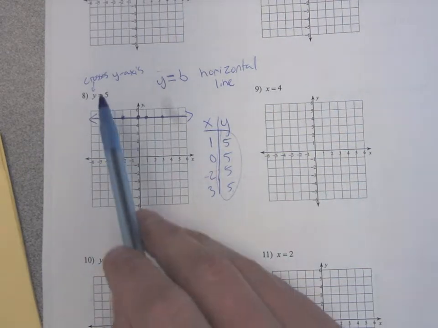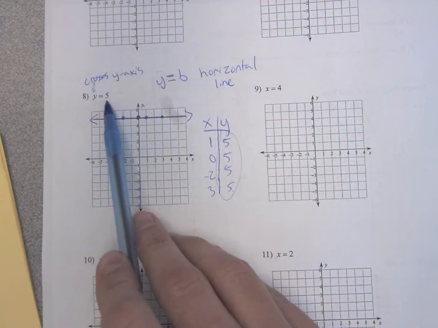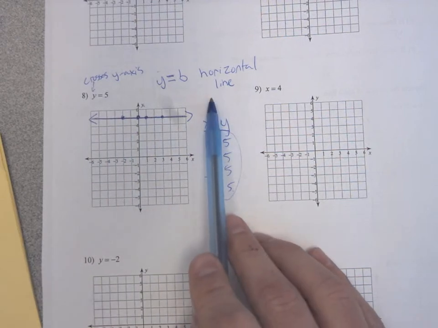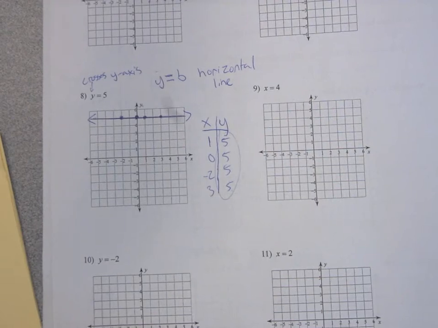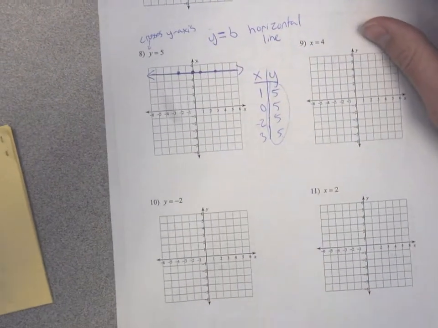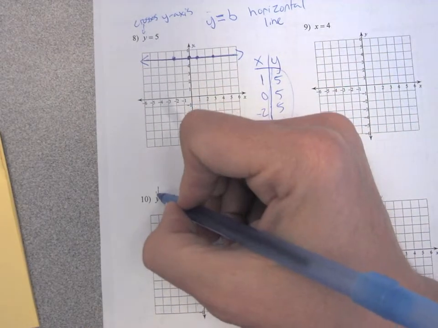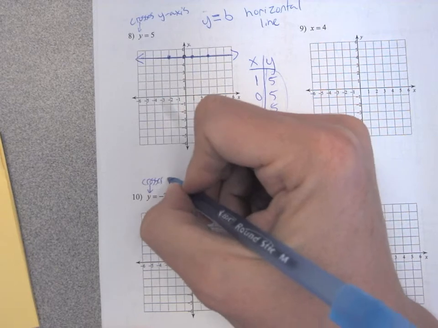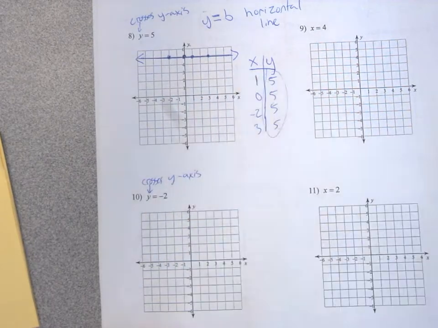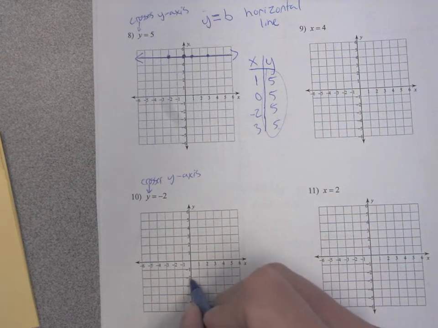Okay? So any y equals number equation, if there's not an x, it's just y equals number, is going to be a horizontal line. It's going to cross the y-axis at that height. Okay, so if we look down here at number 10, which is also a y equals, you look at this thing and you're like, okay, y variable, that means it crosses the y-axis. Okay, so it crosses the y-axis and it crosses it at -2, so right here.